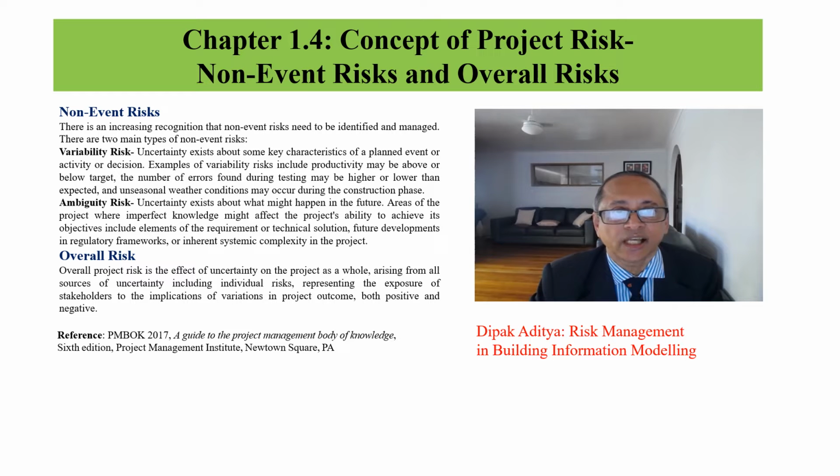Variable risk is uncertainty in an activity or plan event. An example is the number of defects found during testing. Ambiguity risk is uncertainty that might happen in the future. An example is the future development of a regulatory framework. The overall project risk is the effect of uncertainty on the project as a whole, arising from all sources.